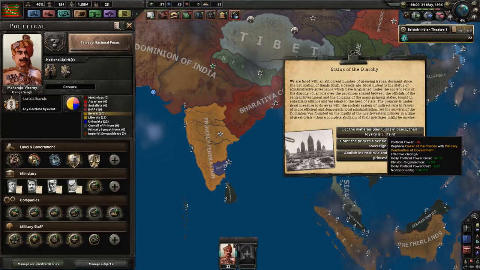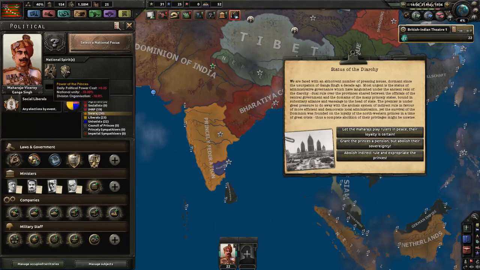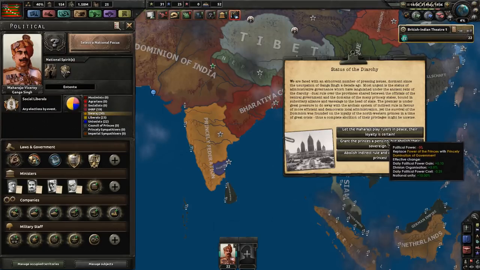This option will reduce your cost by 0.25 a day and then do a daily political power gain of 0.10 per day. So it's not going to turn into princely domination of government where you get 0.35 political power a day. You're getting just an additional 0.1. Now, that was a lot of numbers, but I hope that makes sense. And you'll actually still be having negative division organization.